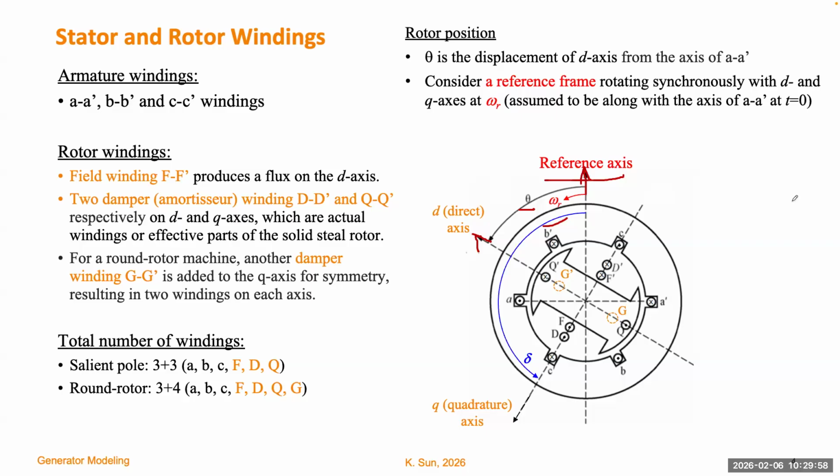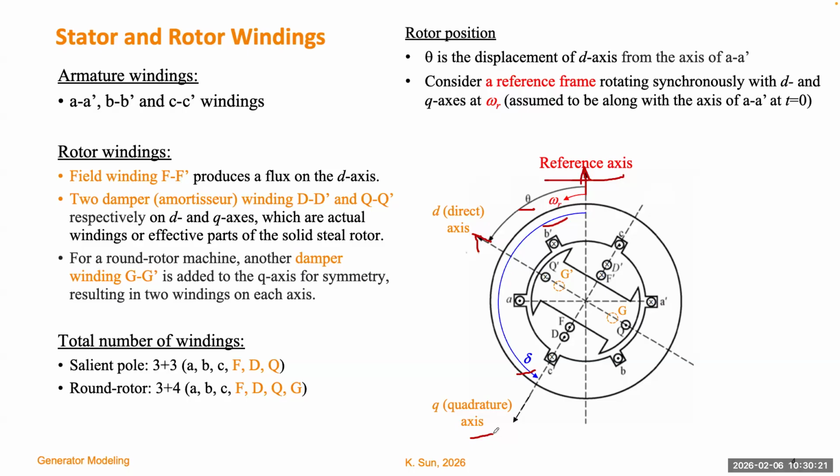Okay. So next step, we need to define the position of the rotor relative to this revolving reference frame. So we introduce another angle, delta. Delta is defined to be the angle separation of the Q axis from the reference frame. Okay, theta is the actual position.